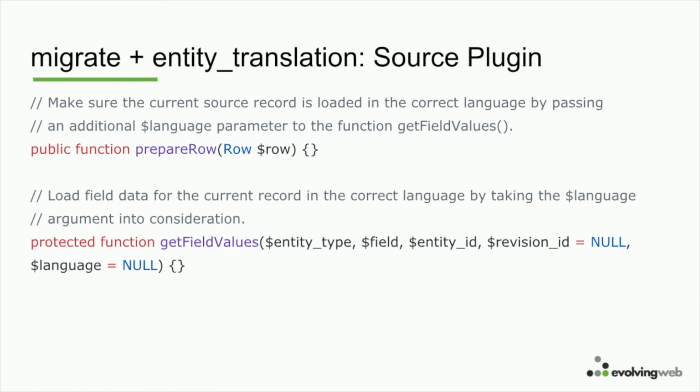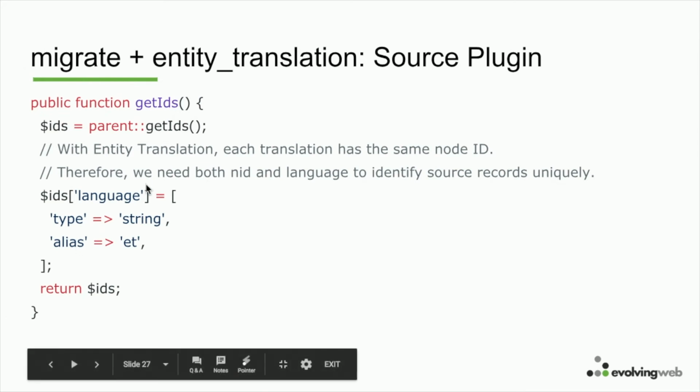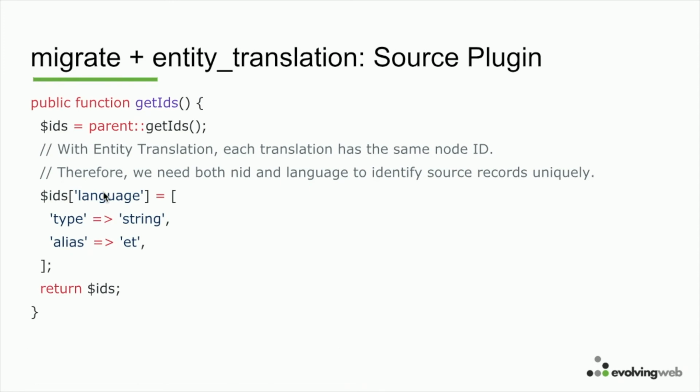And the last problem that we will solve, which I missed by mistake, is this one. Since the node ID remains the same in Drupal 7 throughout, like in Spanish, French, and English, we cannot uniquely identify a source node with the NID only. We need one more parameter to identify it, like a composite key of some sort. So by overriding this method, we add the language column of the source data as a unique identifier as well.